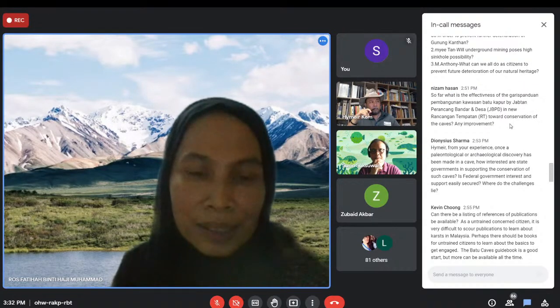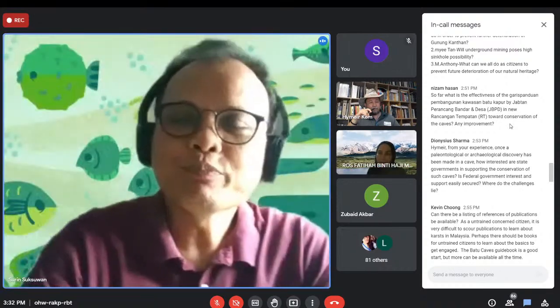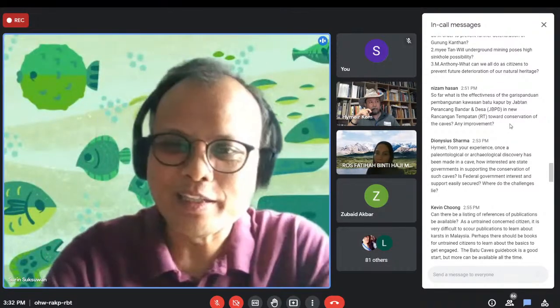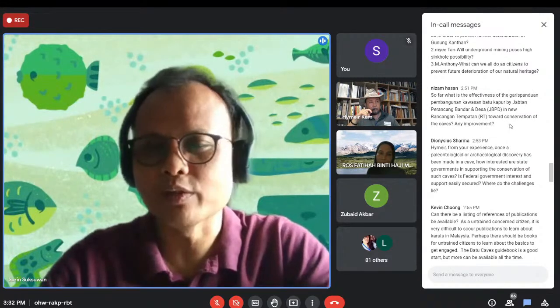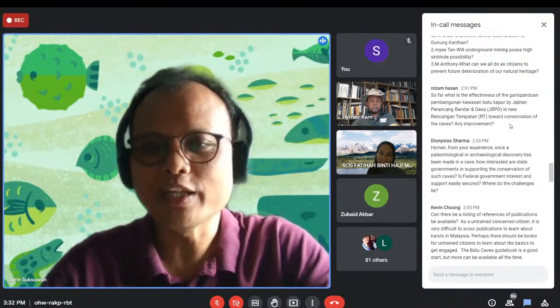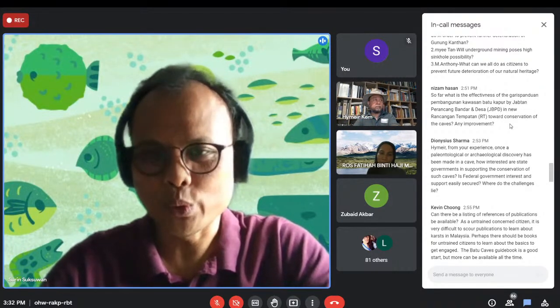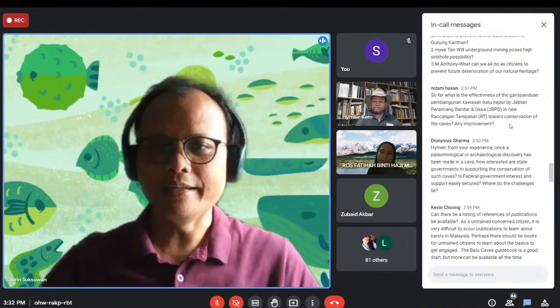Any improvement? Well, I don't think anyone actually studied that in detail, but just by general observation, if you go past limestone hills, how many limestone hills do you know that have got adequate buffer area? Hardly any, right?